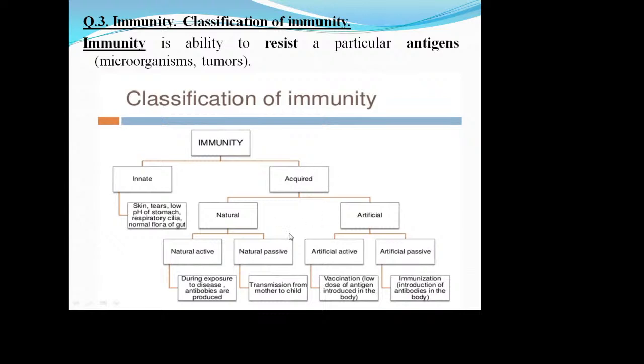Natural passive immunity means that the human organism doesn't activate immune cells, and this immunity is acquired in a passive way. What is it? It is transmission of antibodies from mother to child. Immune cells of the child's organism are not activated. The newborn gets antibodies from the mother via breast milk or through the placenta.